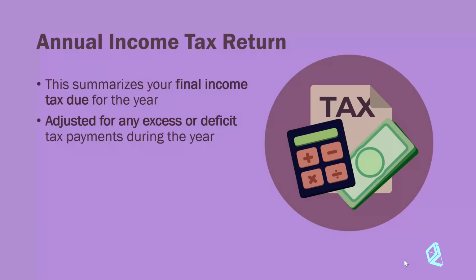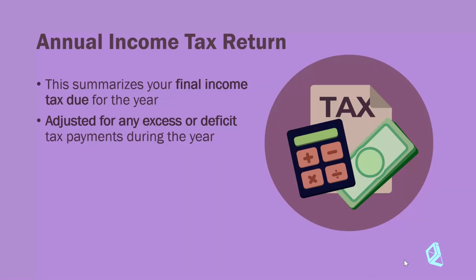If you remember in our previous discussions, we talked about the cumulative nature of our quarterly income tax returns. And this one, the final income tax return that will be filed in any taxable year, would summarize the first, second, third, and fourth quarter income tax returns.